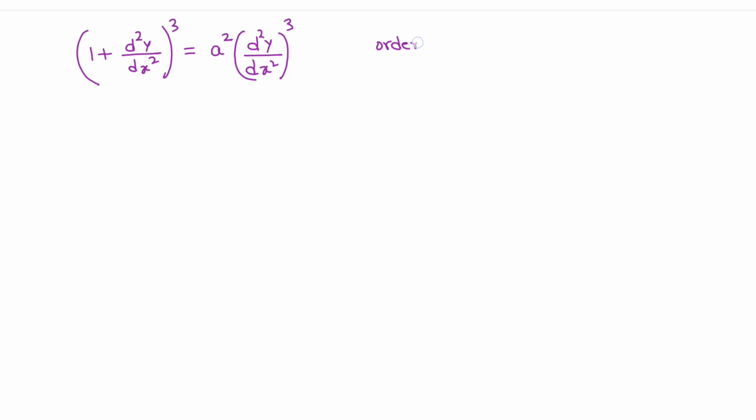Order means highest order derivative. So obviously this is second order, and again this is second order. So order will be 2. And degree means power of the highest order derivative. In this case the power is 3, and in this case the power is again 3. So degree will be 3.